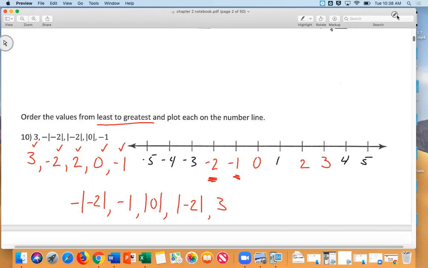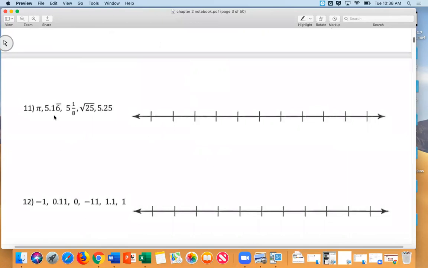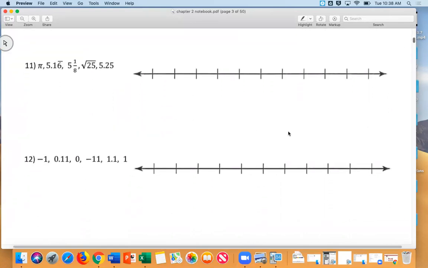I know that's a little confusing because of the absolute value, so let's view one that's possibly a little easier to understand. Let's look at this. Pi is 3.14. Then 5.1666 repeating. That's what that bar means.